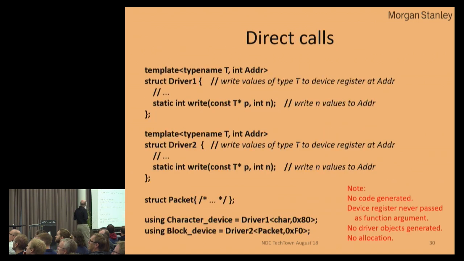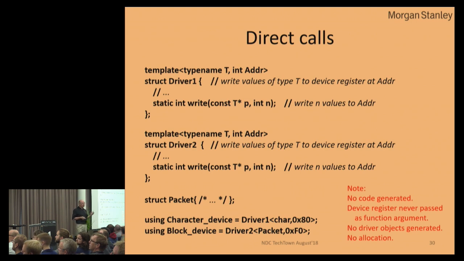I'll write a driver, and I'll write another driver. And then I'll say that for character devices, I will use driver 1. And by the way, those drivers take the device register as a template parameter. And for the block device, where I'm using packets, I use the packet, and I'm using a different device register for that.